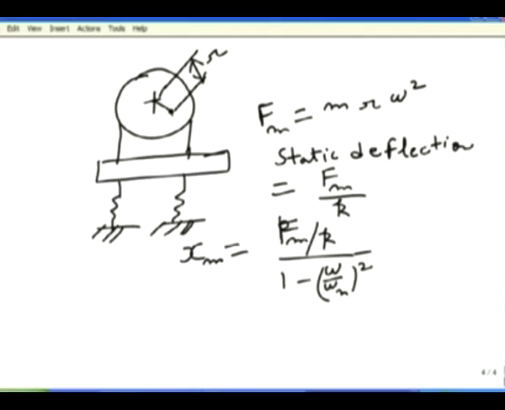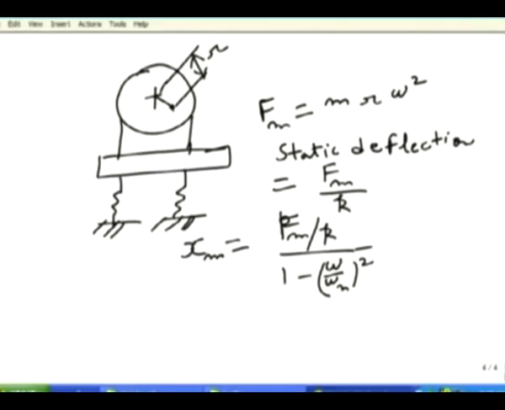If omega n is very small compared to omega, then this term will become very large, that means Xm, the motor vibrations, will be less, and also if omega n is smaller than omega, vibrations will be out of phase.